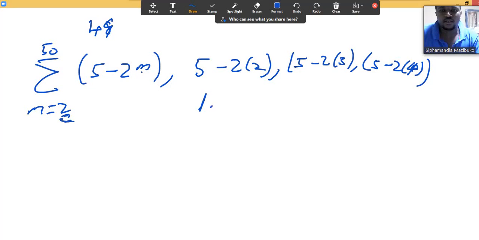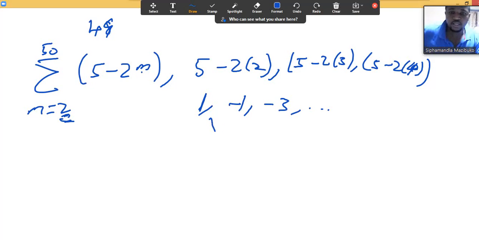So we have 1, and the next one will be minus 1, and the next one should be minus 3, and then you can continue until you find the term 15. Okay, so we have these 3 terms here.